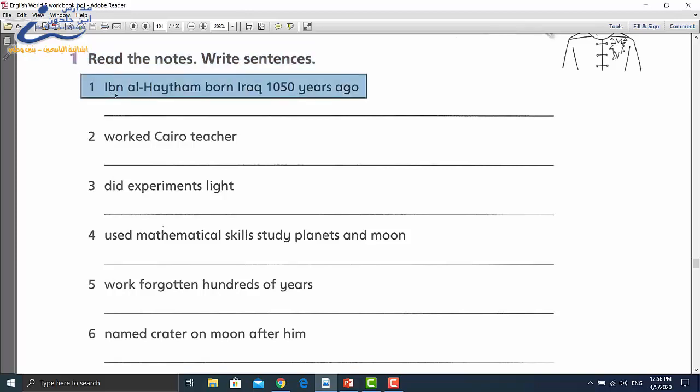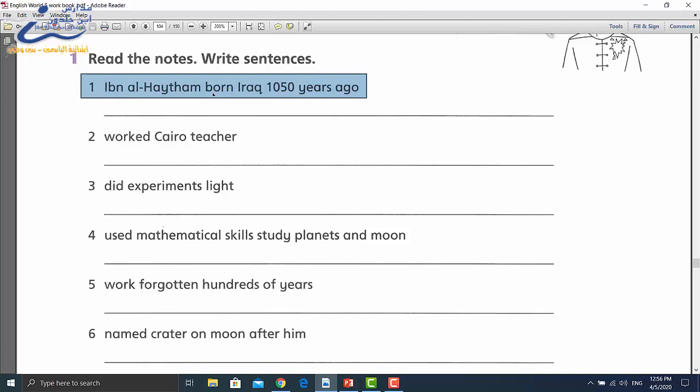1. Ibn al-Haytham, born Iraq 1050 years ago.